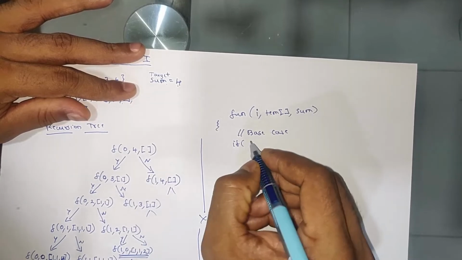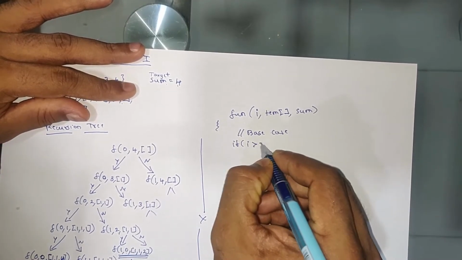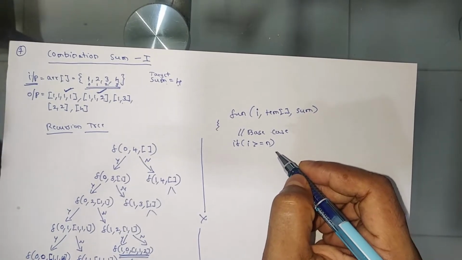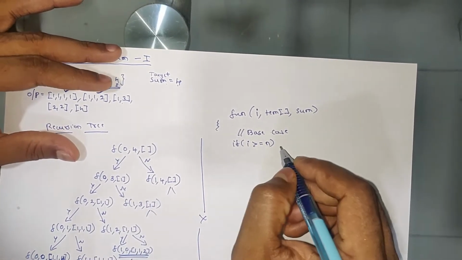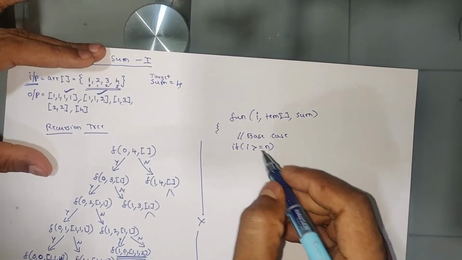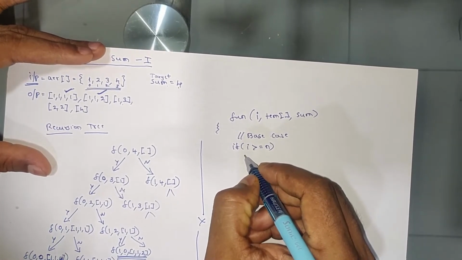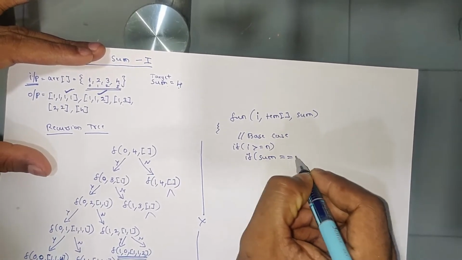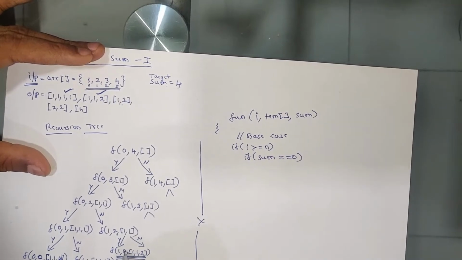So in my base case, I will say if my I is greater than or equal to n, that is whenever my I is reaching the n, that is the last element of my input string, what I will do is I will check if my sum is equal to 0.